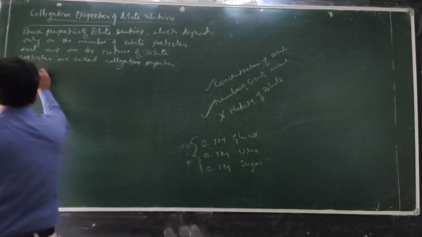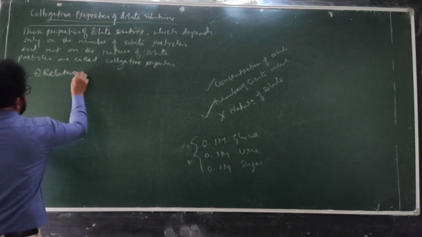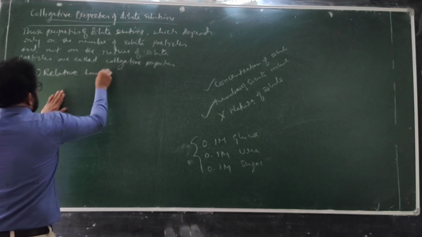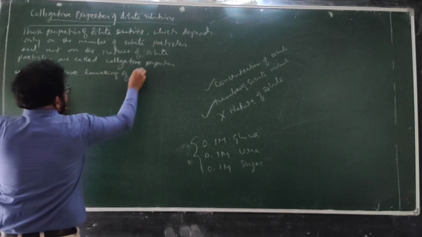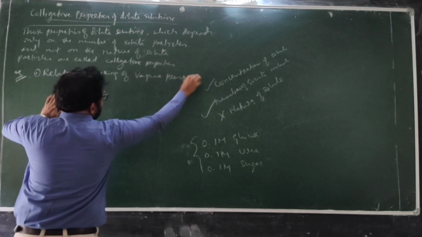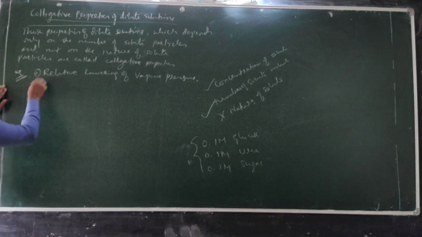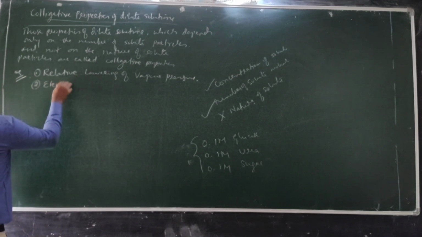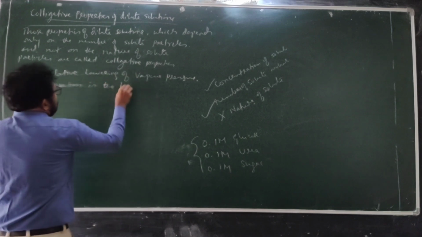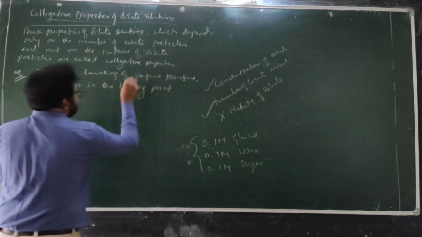For example, relative lowering of vapor pressure. This is one colligative property. Elevation in the boiling point of a dilute solution.